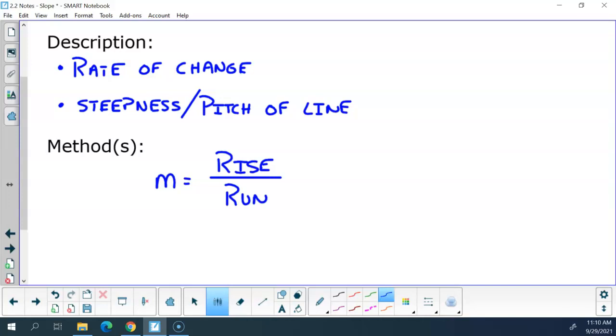I guess it's the y-axis versus the x. How about change in y over change in x? Okay, in math, we call change in y delta. Delta y over delta x. So the change in y over the change in x.